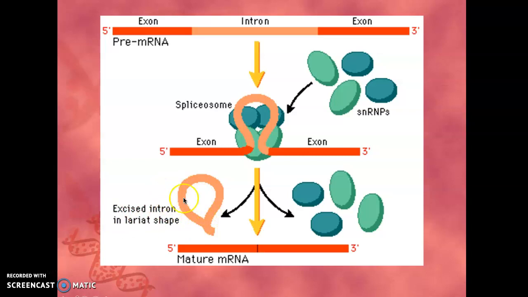Now, what do you think happens to this? It gets broken down, and remember, it's made of nucleotides, so these nucleotides can be used again. Maybe they can be used during transcription, but they can be used again.